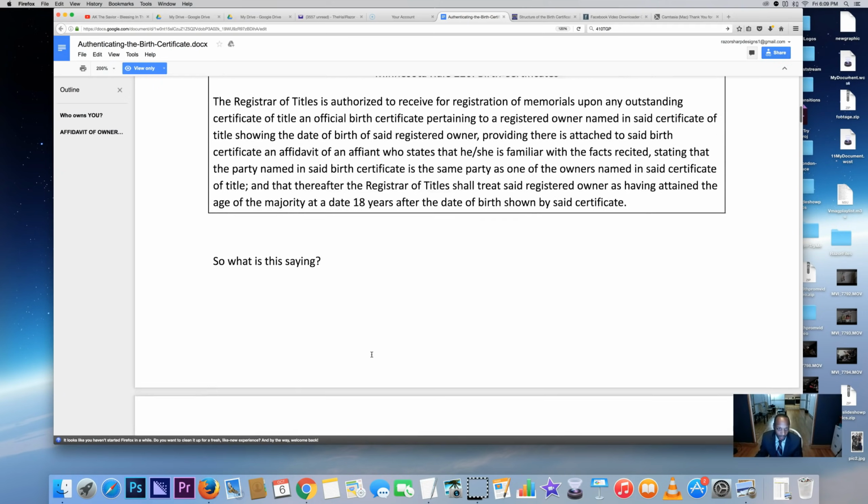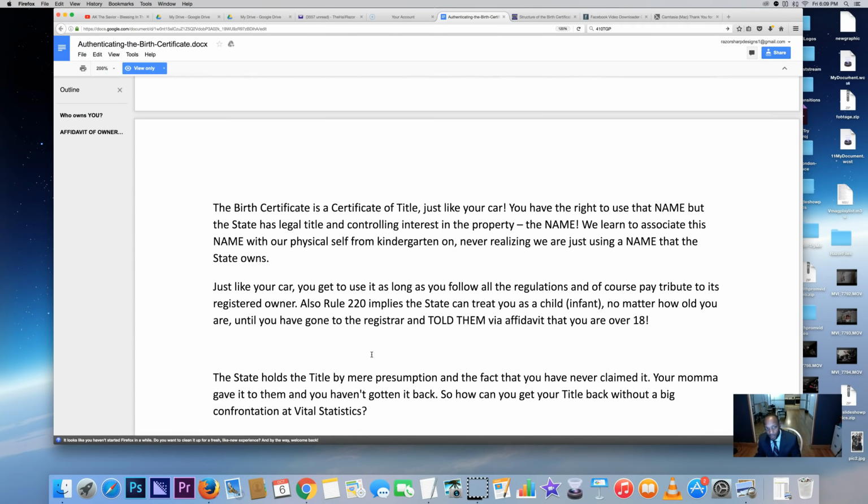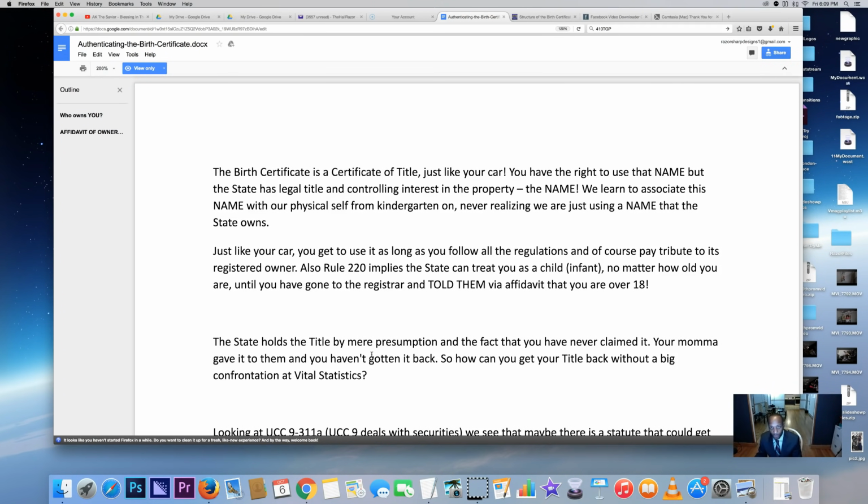You say, so what is this saying? The birth certificate is a certificate of title, just like your car. You have the right to use that name, but the state has legal title and controlling interest in the property, the name. Okay, that's important.